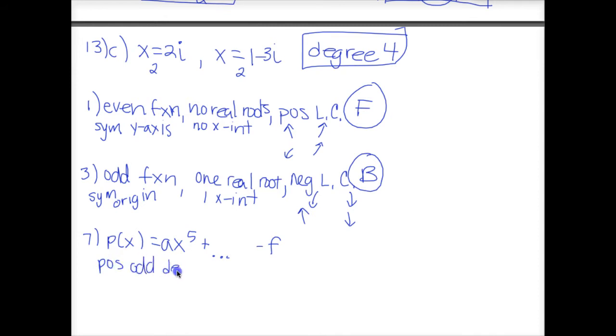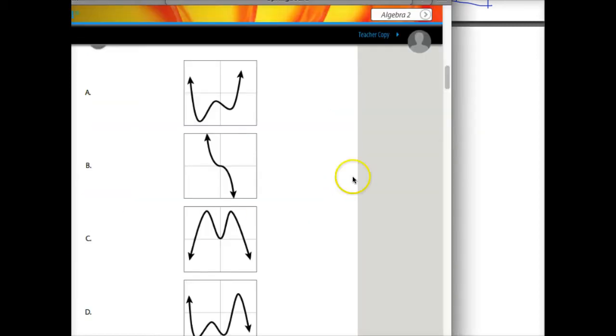That tells you what the end behavior has to look like. End behavior on positive odds looks like this. So I'm looking for end behavior that looks like this. This negative f means that my y-intercept has to be negative. So I go to look at my choices.